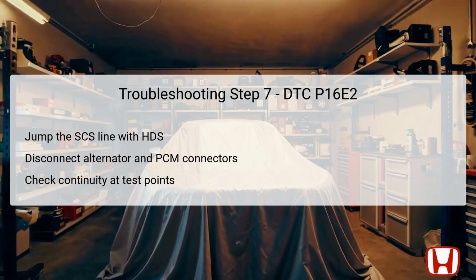In this final troubleshooting step, jump the SCS line again, using the HDS to validate ongoing communication through the system. Subsequently, disconnect the same alternator 1P connector and PCM connector B 49P that were used in the previous tests. With the connectors disconnected, proceed to check for continuity between the test points.